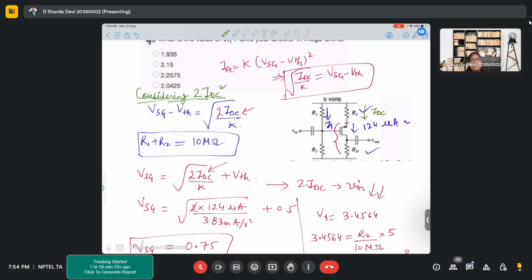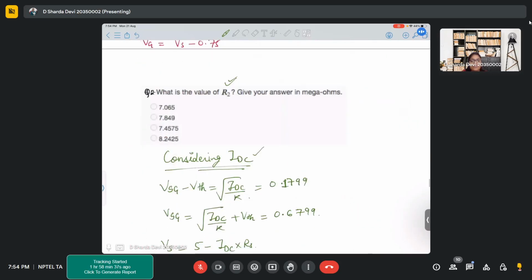If we can solve the resistor values with only DC currents, then it is better. So here also, rather than going for 2IDC, we can solve using IDC only. Is this clear?